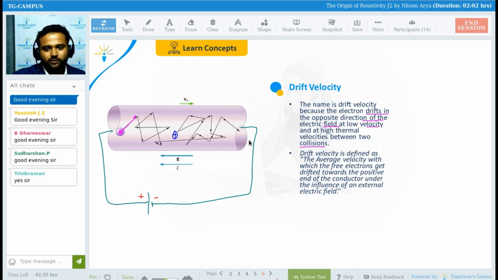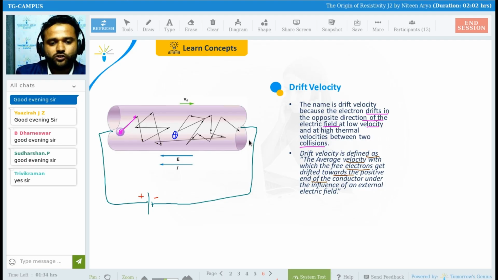Clear now? Okay. The second thing: drift velocity is defined as, now this is the proper definition. What is drift velocity? For board examinations that is going to help you out, but for JEE it is not, because this definition is not going to be used. Drift velocity is defined as the average velocity with which the free electrons get drifted towards the positive end of the conductor under the influence of an external electric field.